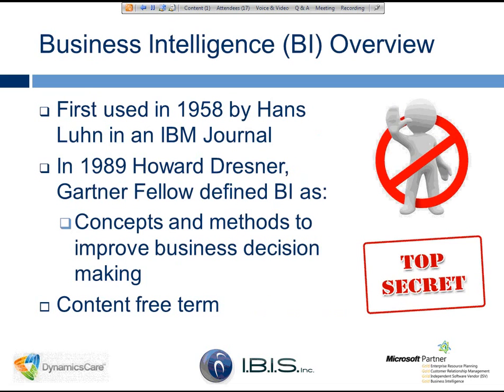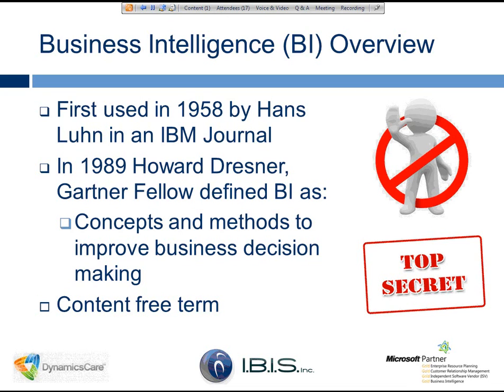Now that we've covered the agenda, let's touch base on business intelligence as a whole. In 1958, the term business intelligence was first used by Hans P. Luhn in an IBM journal and defined as the ability to apprehend the interrelationships of presented facts in such a way as to guide actions towards a desired goal. Now that is a mouthful.